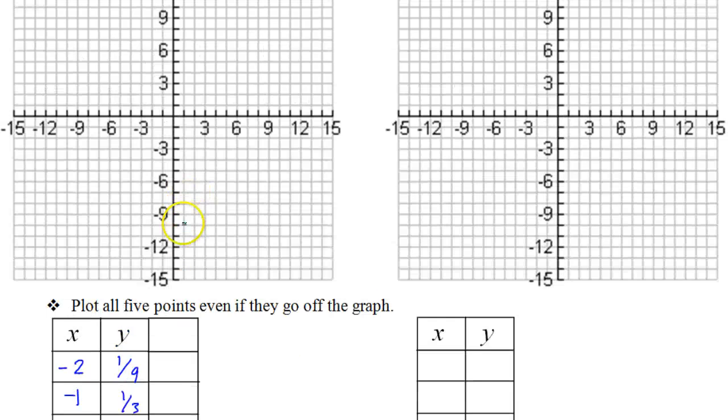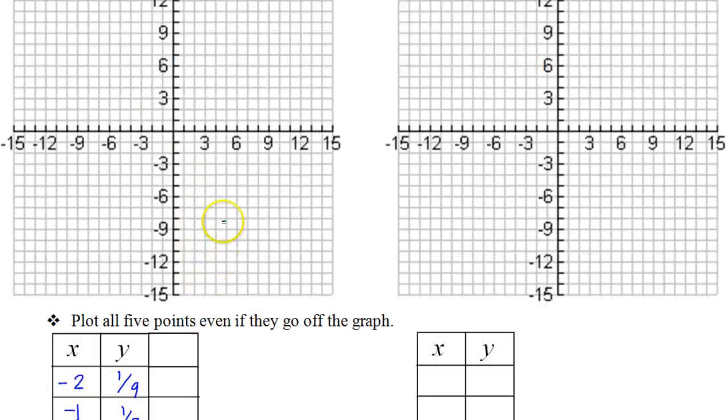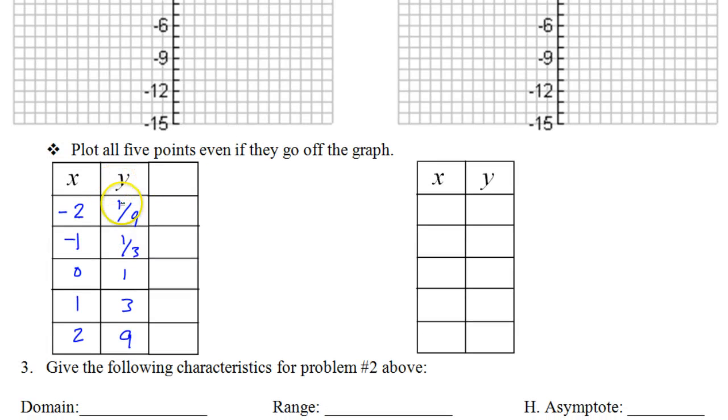So we had an a value of 2, so we're going to multiply all these y values by 2. So we're going to do 2y and put it right here. So 2 times y, that's going to be 2/9. Okay, and that's going to be 2/3. And then that'll be 2 and 6 and 18. Alright, I'm just multiplying all these by 2.